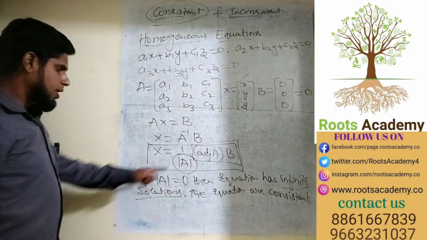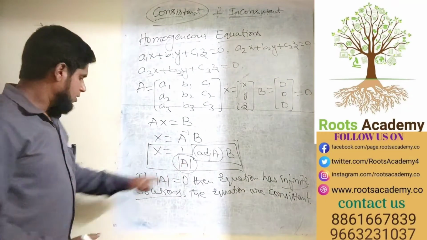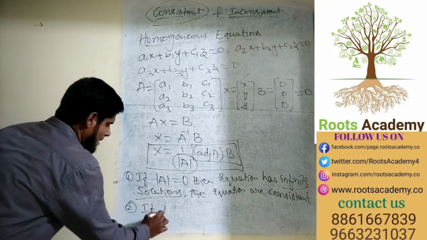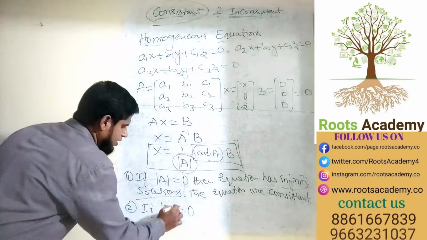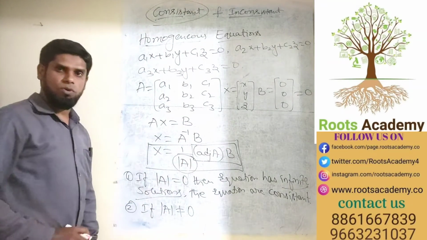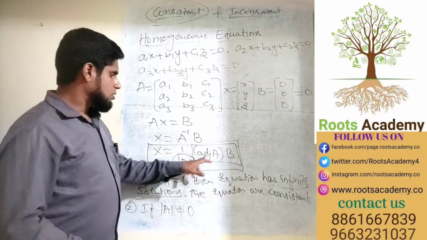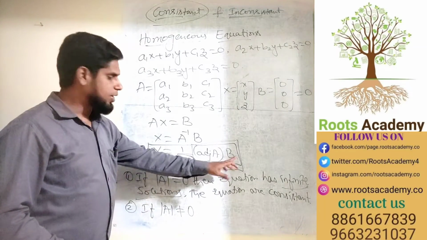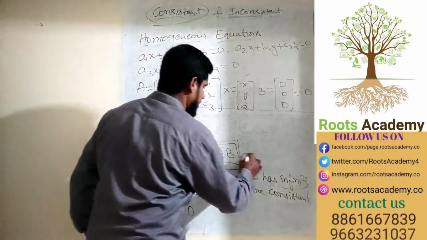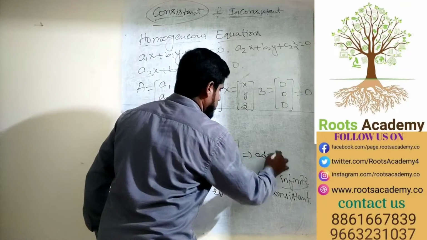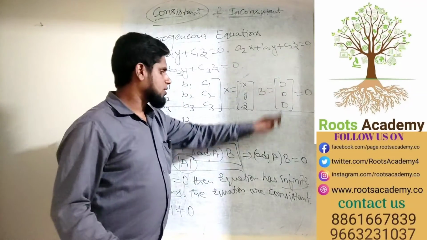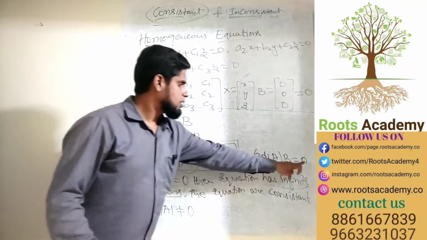Now, another case. Second, if my determinant is not equal to 0, then this numerator part is always 0 here. Adjoint A into B is always 0 because B matrix is a 0 matrix, and 0 into anything is 0.